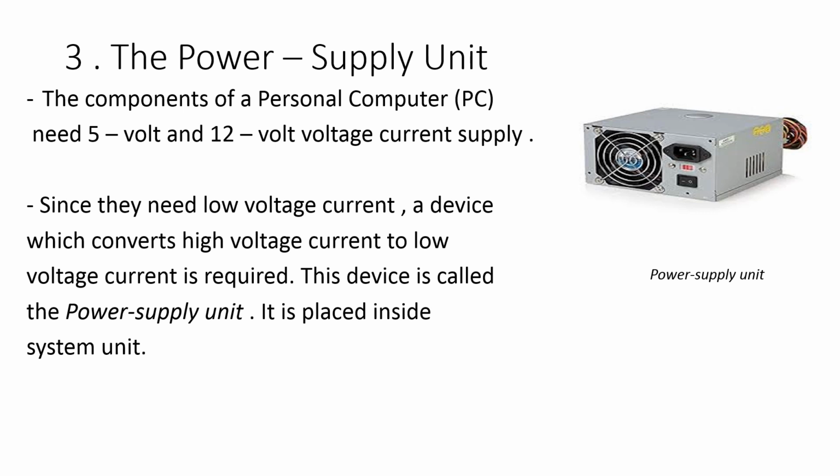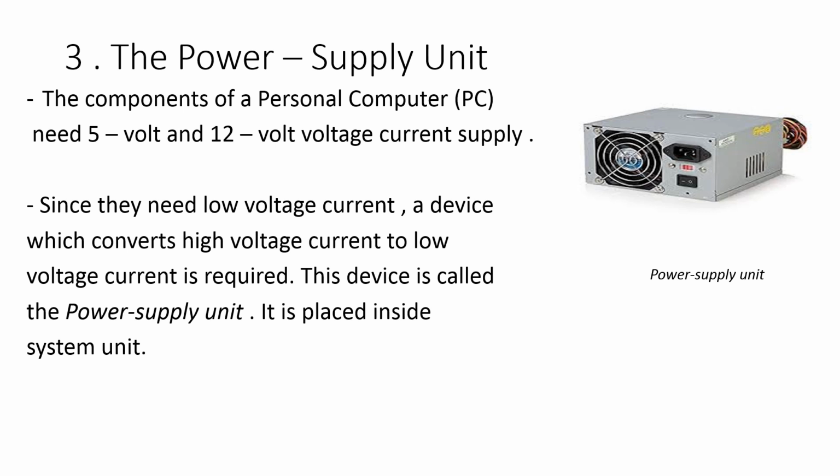voltage current supply. If they get the high voltage current, then those components will fail. They will not function properly. It is possible that they might lose their flexibility, or not be able to function. They will get damaged.